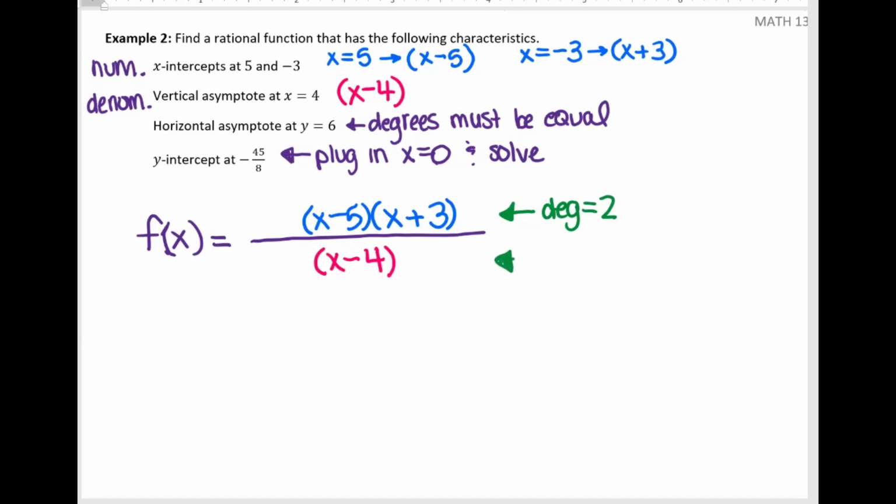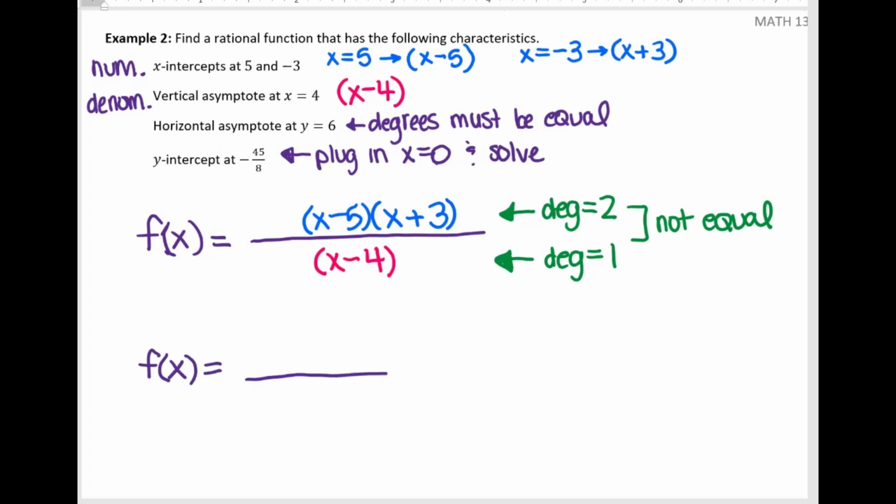And in the bottom, our denominator, the degree is 1. And right now, that's not equal. We can't put in a vertical asymptote that they didn't give us. But we still need to make the degrees equal.